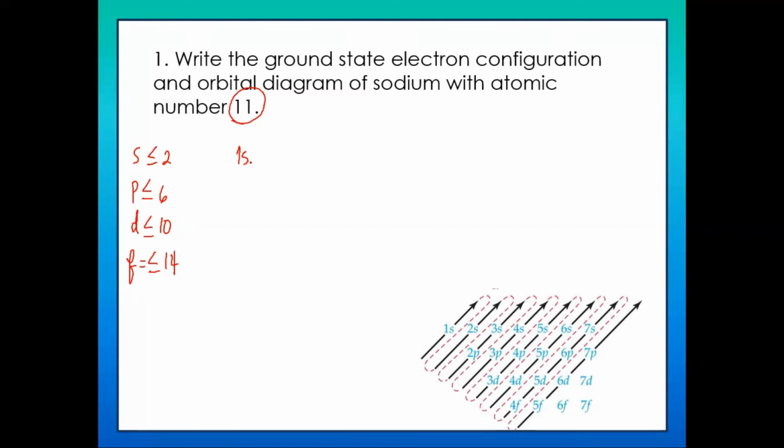Now 1s, so 11, we have to distribute that. We can have an exponent here, which is 2. So the electrons that we already distributed is 2. So how many are we still lacking? Okay, 9, right? So move to 2s according to this mnemonic.